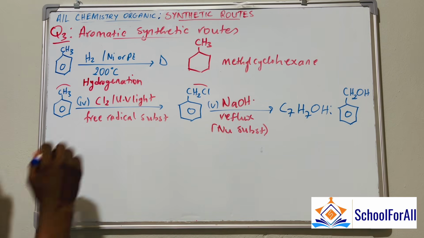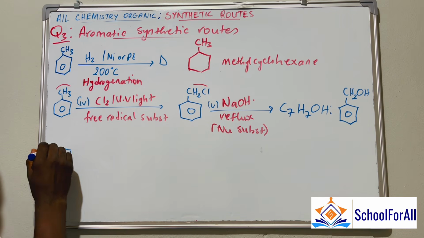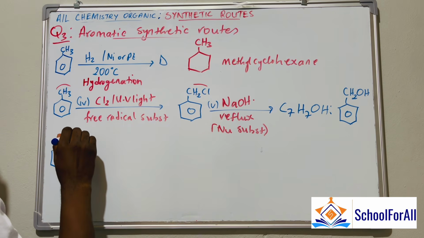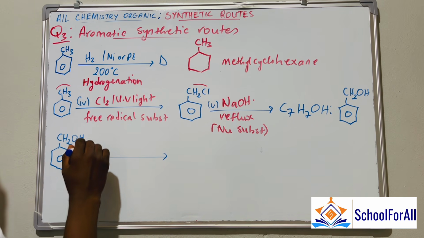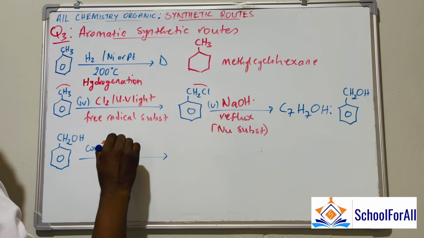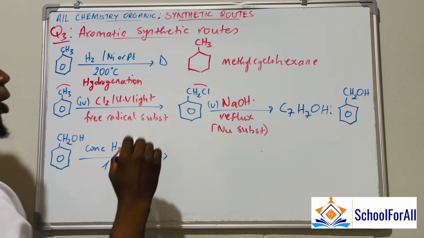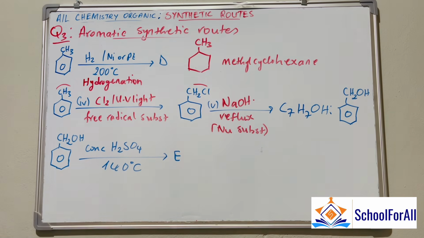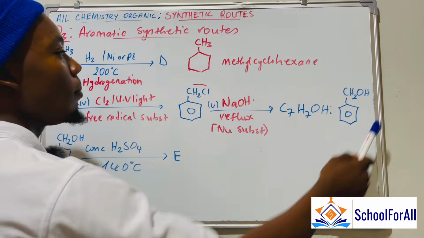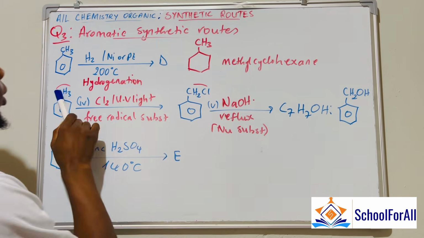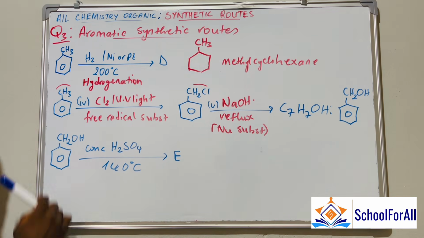The next thing is that I am now converting my phenylmethanol. I will put a reagent, concentrated sulfuric acid, at 140 degrees Celsius to produce a compound E. We have seen that in this second branch we are dealing only with the chain, so the ring is not intervening.